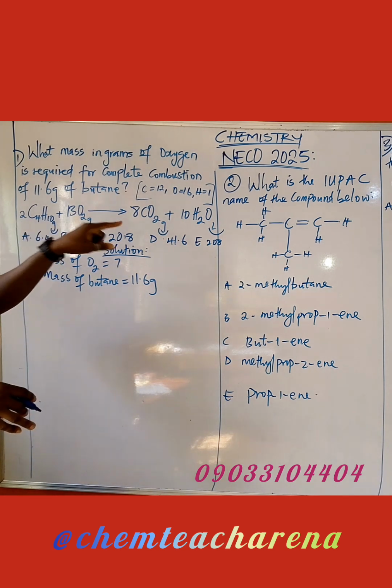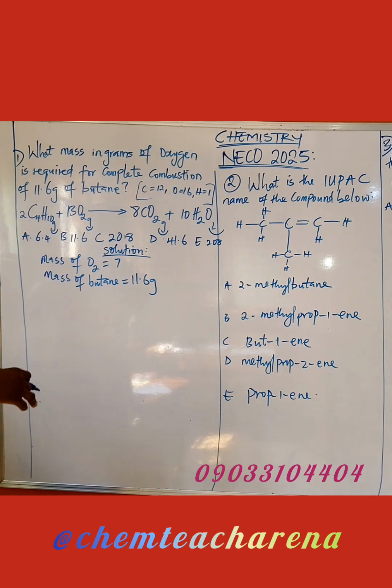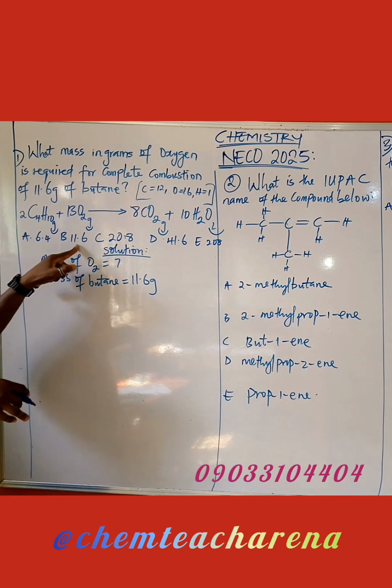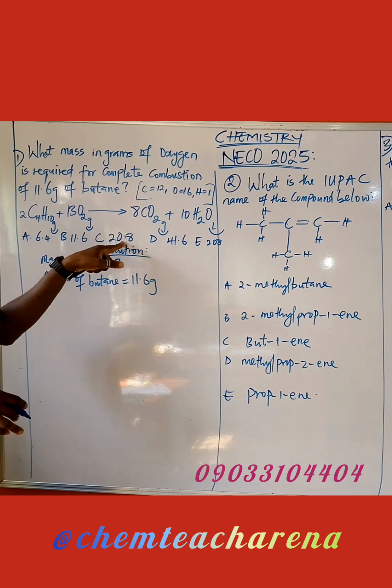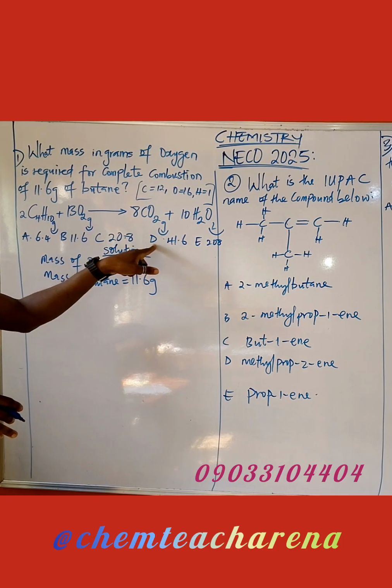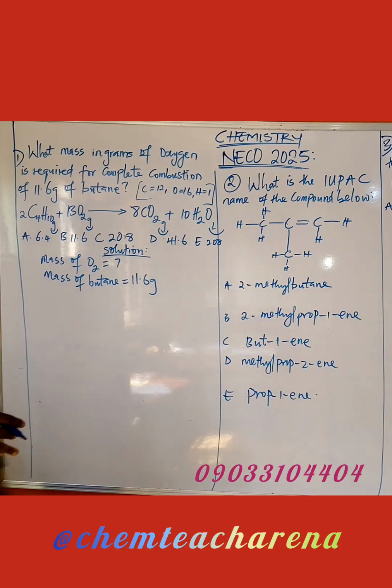Now they gave us the equation and the equation is balanced. The options are A 6.4, B 11.6, C 20.8, D 41.6, E 208.